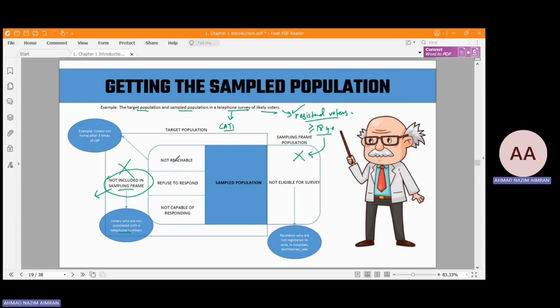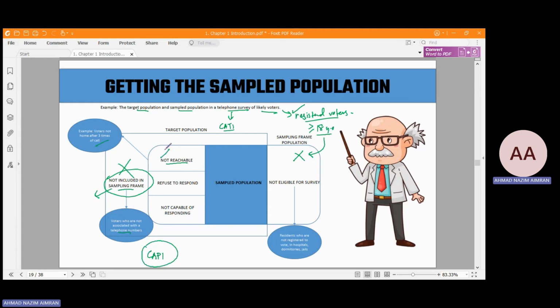Let's say, for example, you have another data collection method that you would like to use, a computer assisted personal interview, and maybe some of the voters are not reachable because they are not at home even after 3 calls, or even after 3 visits to their houses.